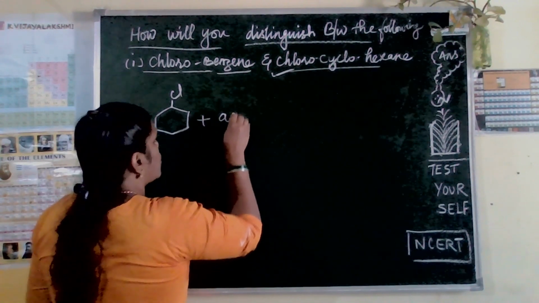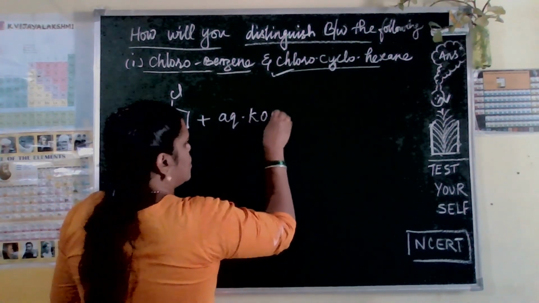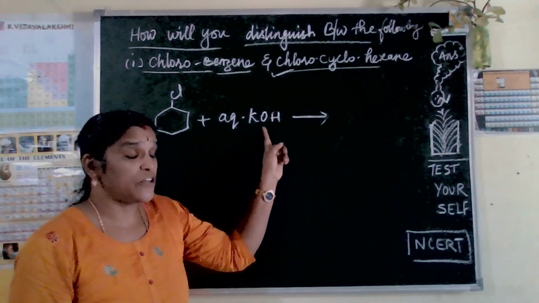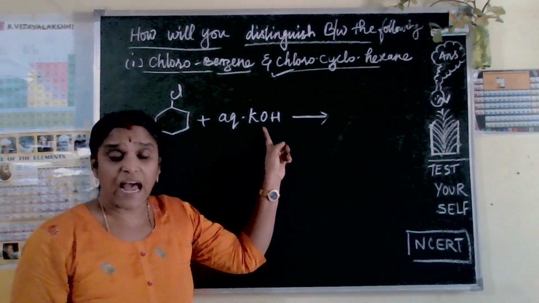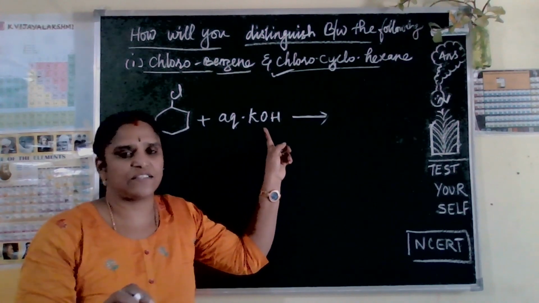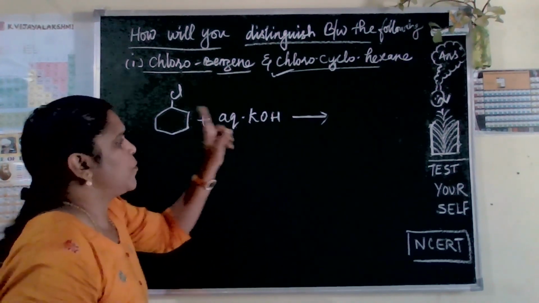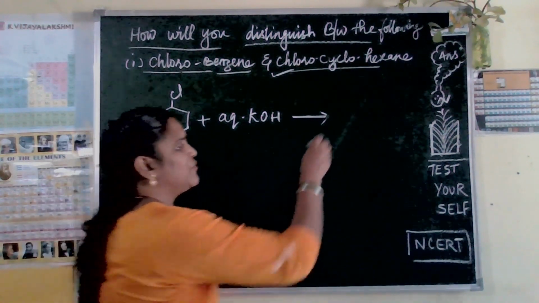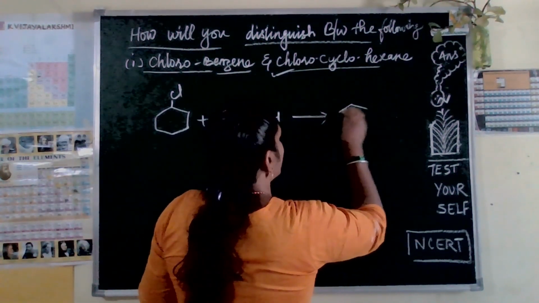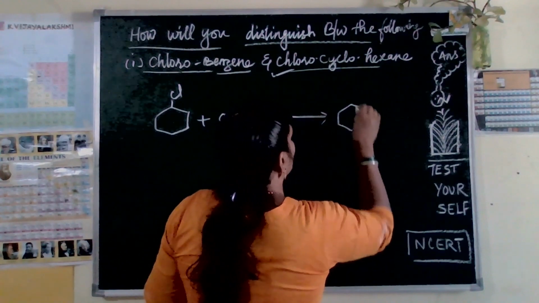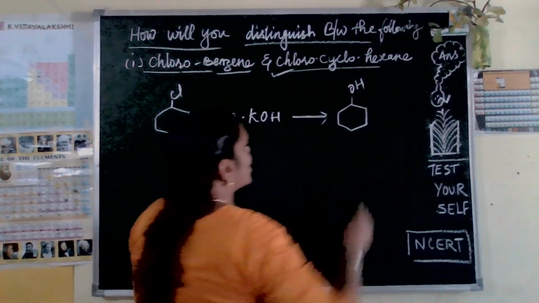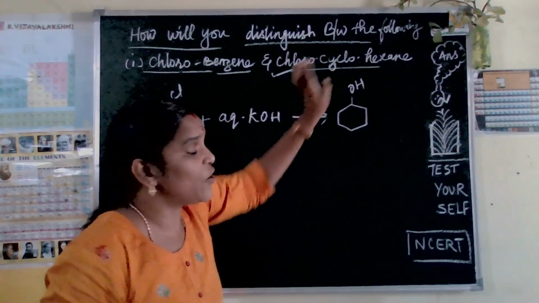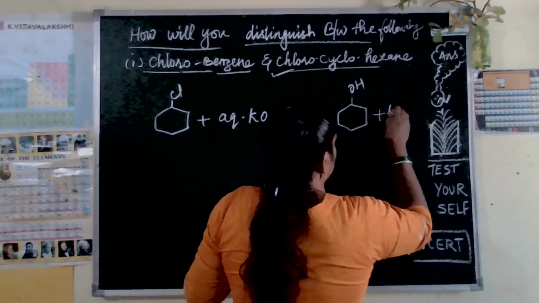How to identify chlorocyclohexane? Combine with aqueous KOH, which is then acidified with nitric acid, and we should add silver nitrate solution to check. Now if we go for this reaction, what do we get? We will get cyclohexanol. This is cyclohexane, and this is cyclohexanol and KCl.